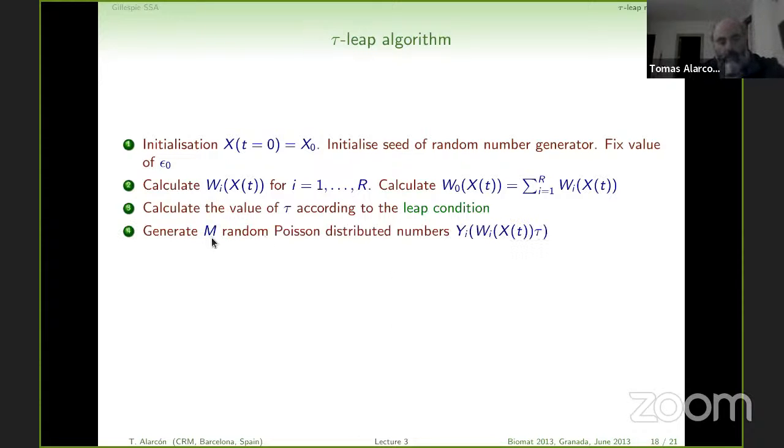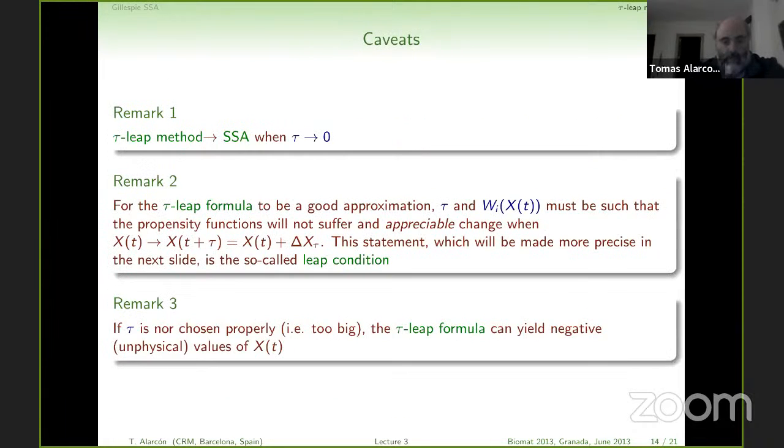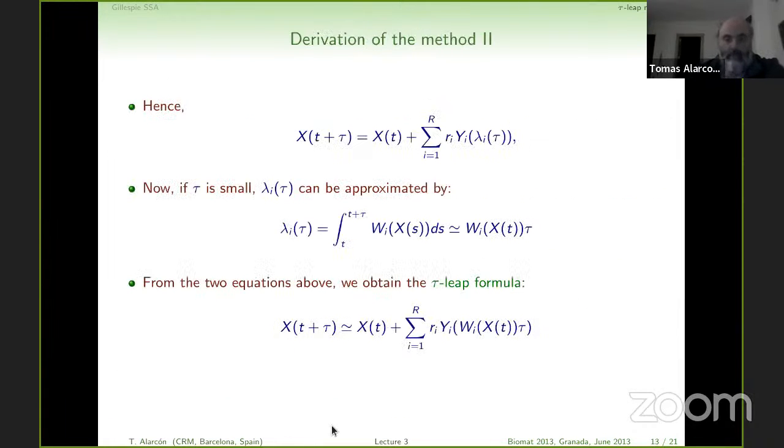We generate R Poisson distributed random numbers using a Poisson distribution with this parameter, because now we already have tau, so we can sample this distribution. Then we update the system according to the tau-leap formula, which is this one here.